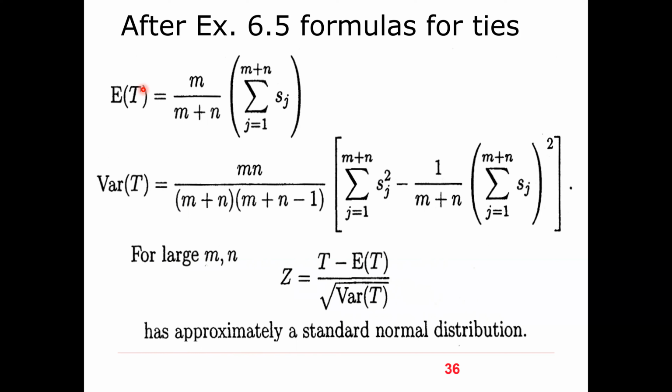T is the sum of scores of the test statistic based on ranks or tied ranks. And Sj is the score of observation j. This score is something we assign, like the lower bound of the range or upper bound of the range.